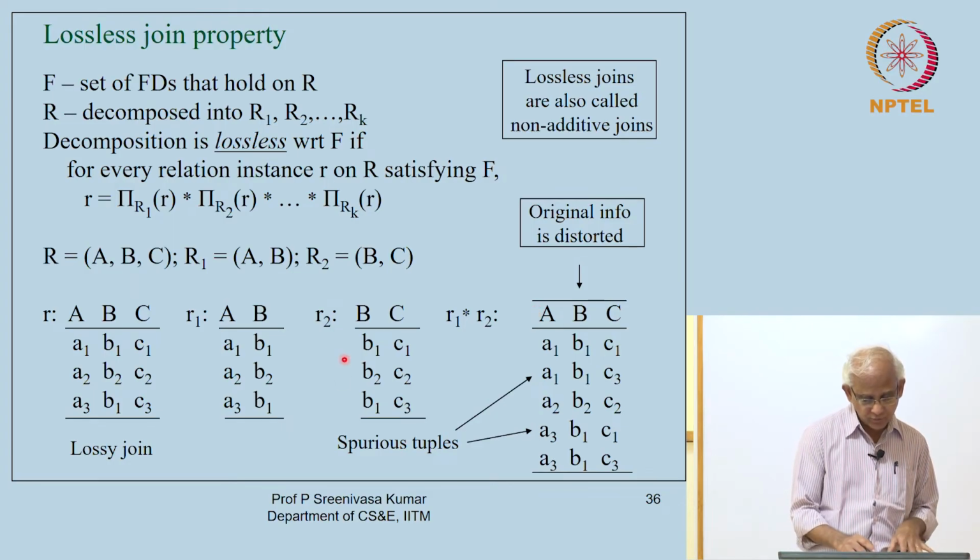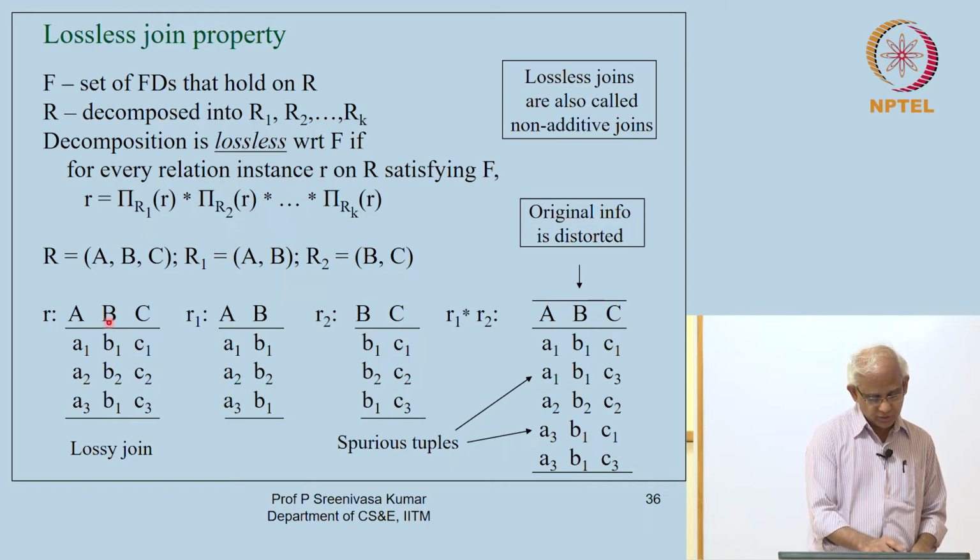Now, if you carefully watch this, B is the common attribute for AB and BC, and B neither determines A nor determines C from a functional dependency point of view.